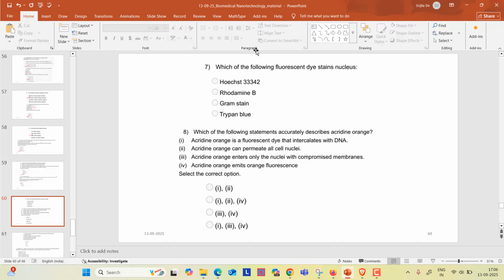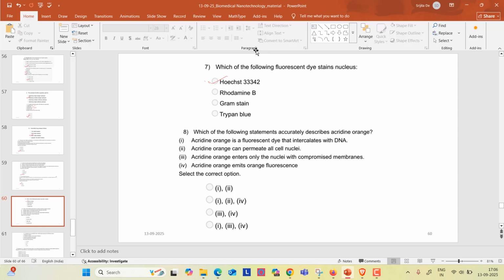Okay, because rhodamine B dyes the cell membrane, trypan blue stains the dead cells only. So for nucleus, it is the Hoechst 33342.